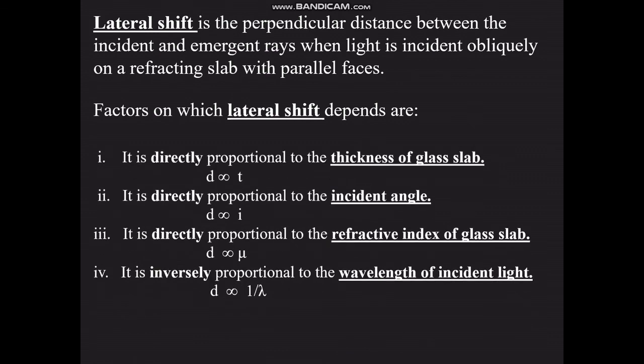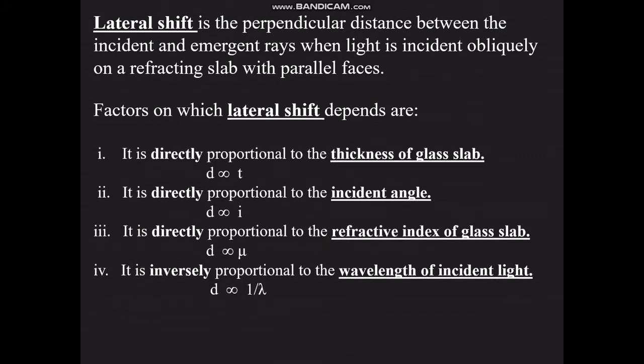Here you have the first factor: it is directly proportional to the thickness of the glass slab. So mathematically, D, which stands for the lateral displacement or lateral shift, is directly proportional to T. What is T? The thickness of the glass slab. So more is the thickness of the glass slab, more will be the lateral displacement.